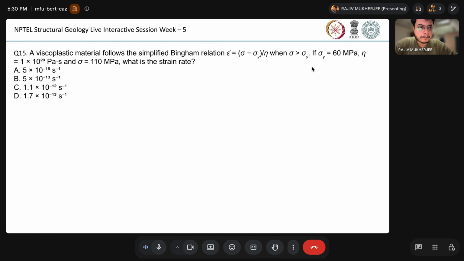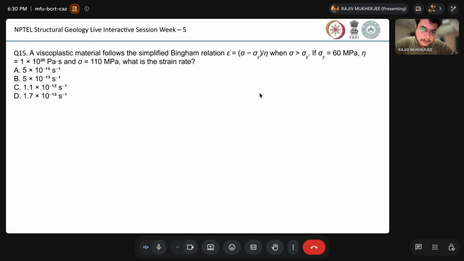So it is very simple, you just plug in the values and calculate, right? And the options are 5 times 10 to the power minus 15 per second, 10 to the power minus 13 per second, 1.1 times 10 to the power minus 12 per second, and 1.7 times 10 to the power minus 13 per second, right?